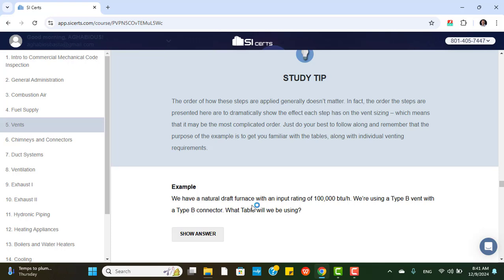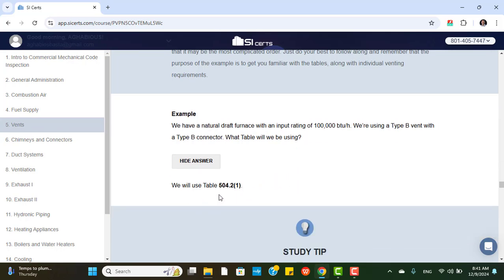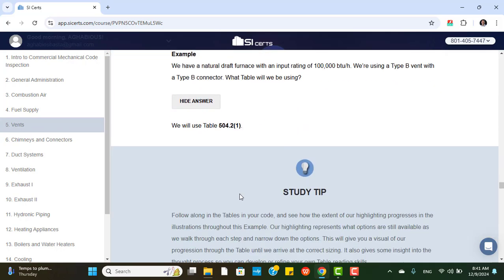Example: we have a natural draft furnace with an input rating of 100,000 BTU per hour. We are using a type B vent with a type B connector. What table will we be using? We will use table 504.2.1.